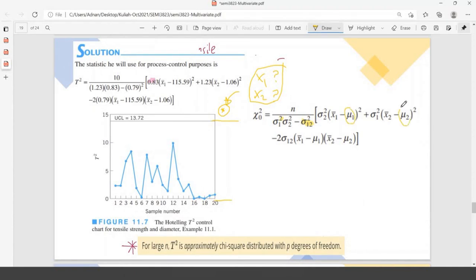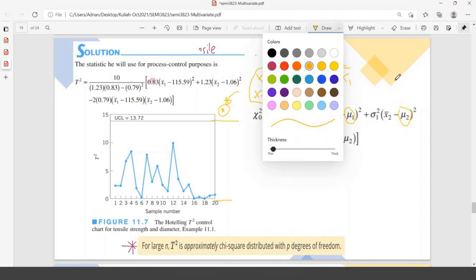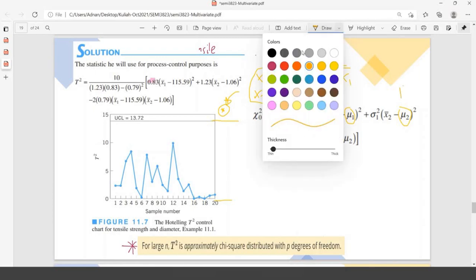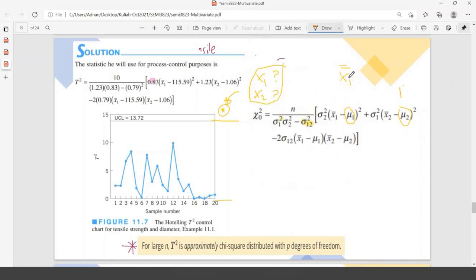This is actually the grand average. For diameter, in the earlier example. Thank you for asking, I overlooked this. This one is for tensile. Sorry, it's for tensile.